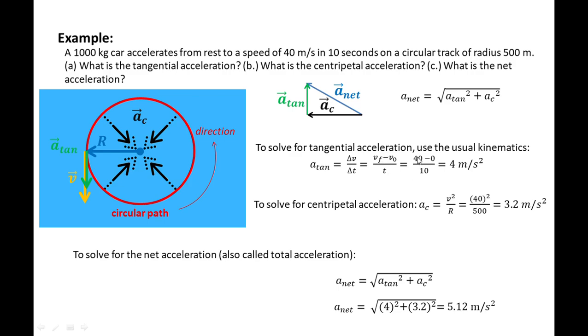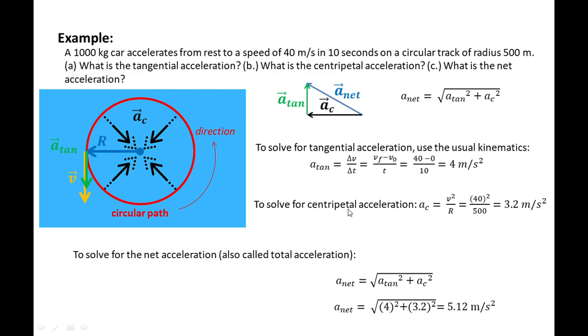So we have 40 meters per second minus 0 because our initial velocity here is at rest, that means that the initial velocity is equal to 0, right? So divided by the 10 seconds, which is the time it takes for this car to accelerate from 0 to 40 meters per second. So that should give us 4 meters per second squared tangential acceleration.